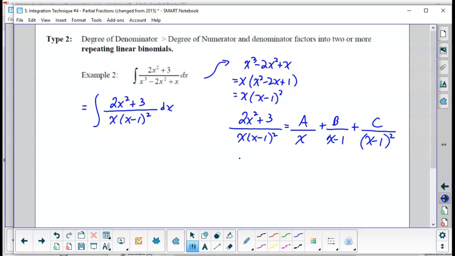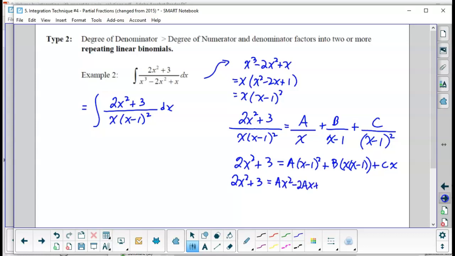Then if we multiply through by the lowest common denominator, which is that original denominator, the x's divide out, we'd have a times x minus 1 squared, b times x times x minus 1 plus c times x. So what's that going to be? Ax squared minus 2ax plus a plus bx squared minus bx plus cx.